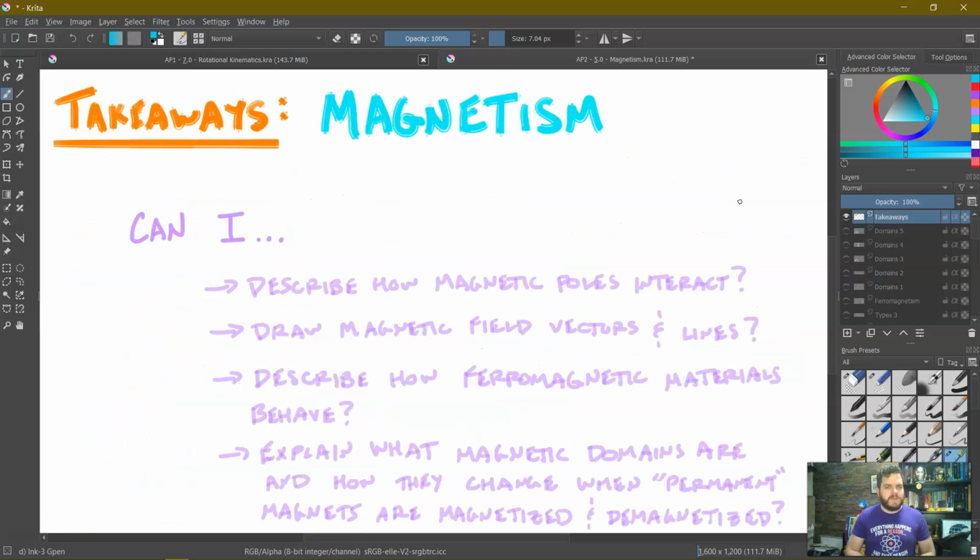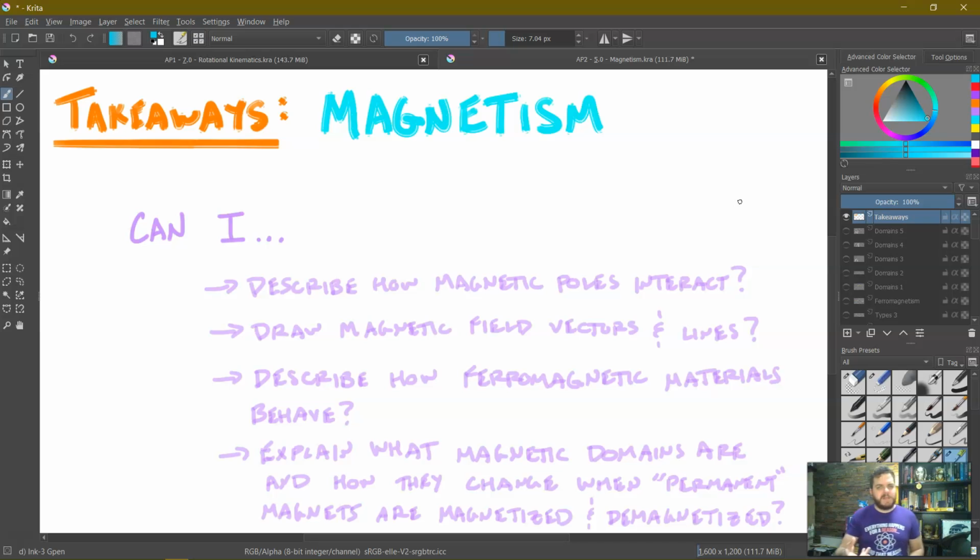So what key takeaways do we have for this first lesson in the unit of electromagnetism, specifically the magnetism portion? Well, one, can we describe how magnetic poles interact? That unlike poles attract each other, so north and south poles, and like poles repel, north and north, and south and south, and that each magnet has two poles.